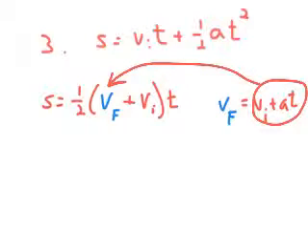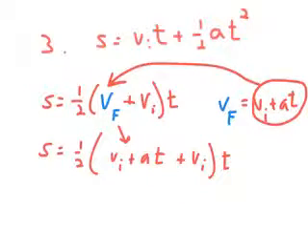Substituting that in to the first equation, which results in this: 1/2 times the quantity v sub i plus at plus the v sub i closed quantity times t. Now this looks like a lot of algebra, but it's combining like terms. Inside the parentheses we have the two v sub i's, so v sub i plus v sub i is 2 v sub i.